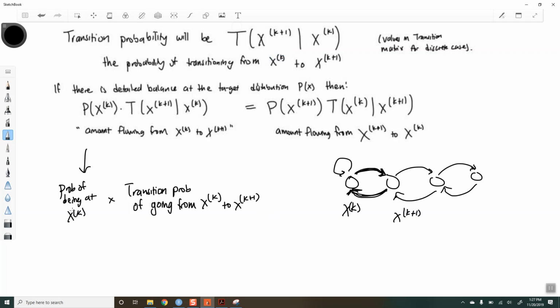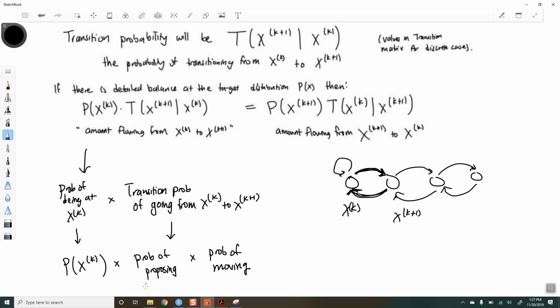So the probability of being at xk, this is the probability of xk, okay? And then the transition of actually going there can be broken down into the probability of proposing times the probability of moving.